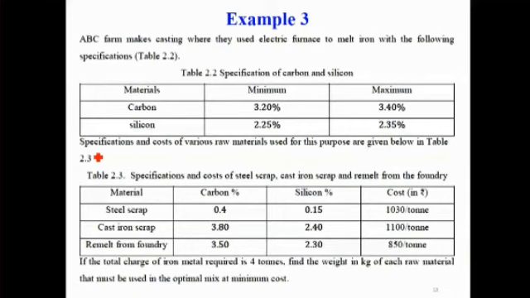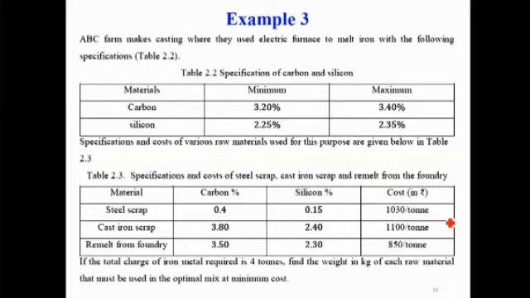Next, the specification and cost of various raw materials used for this purpose are given below: steel scrap, cast iron, and remelt from the foundry. From these three things we will get the carbon and silicon. For steel scrap, carbon percentage is 0.4 and silicon percentage is 0.15, and the cost is 1030 per ton.